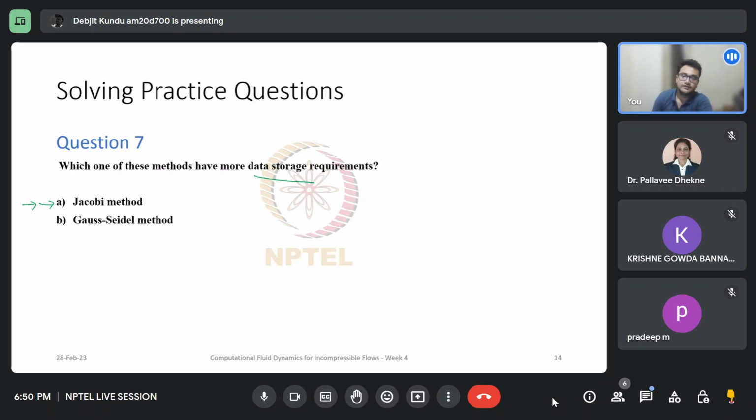Alright, so Jacobi method and Gauss-Seidel method. Which one of these two methods has more data storage requirements?